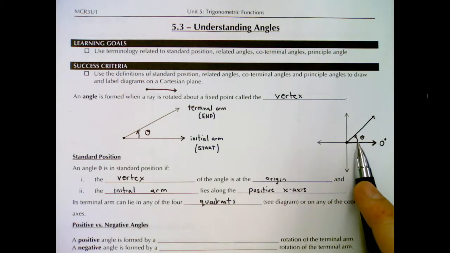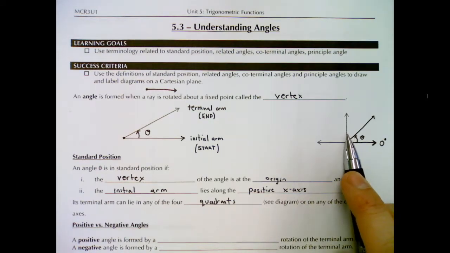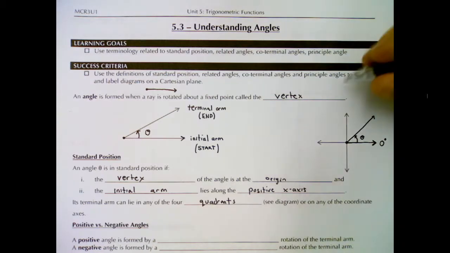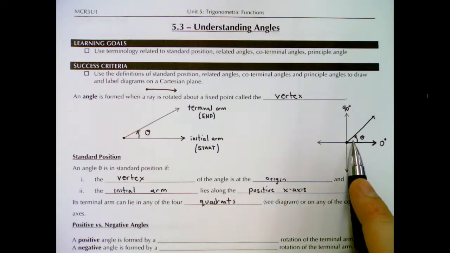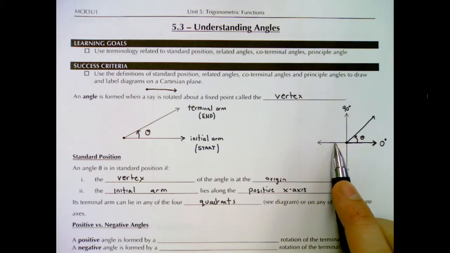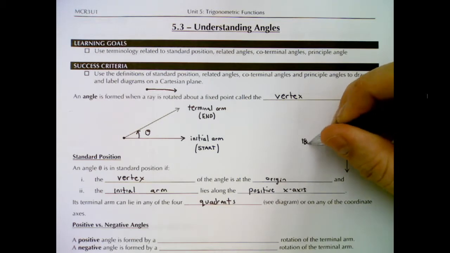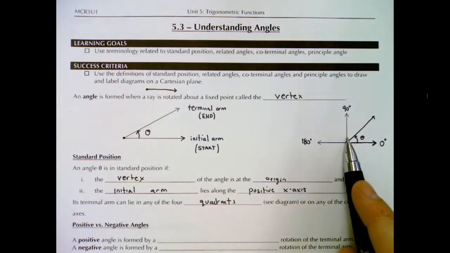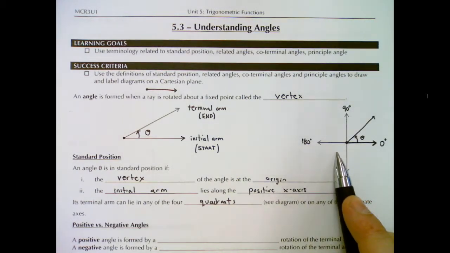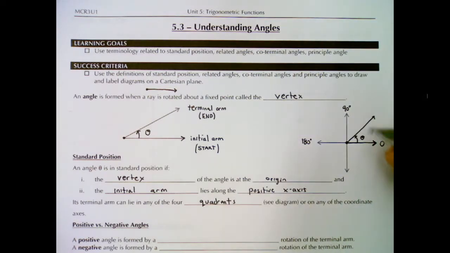If we were to rotate all the way to the positive y-axis, we'd be creating a perfect right angle, and that would be 90 degrees. If we had rotated all the way into the second quadrant and down onto the negative x-arm, that would have created an angle of 180 degrees. If we kept rotating all the way around to the negative y-arm, we would have hit 270 degrees.